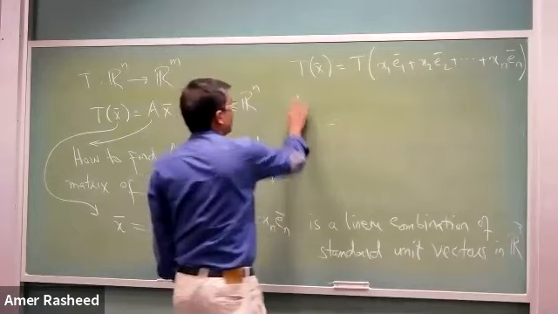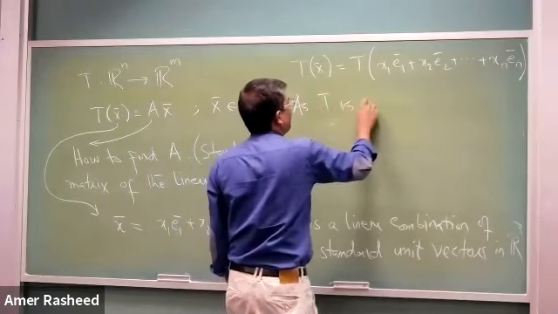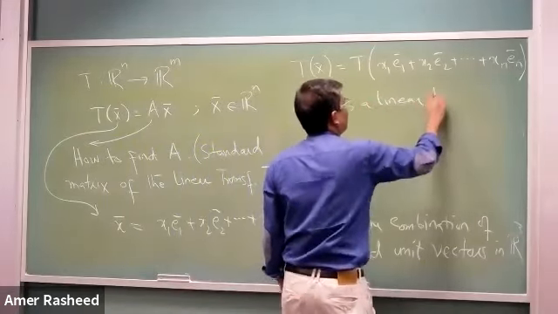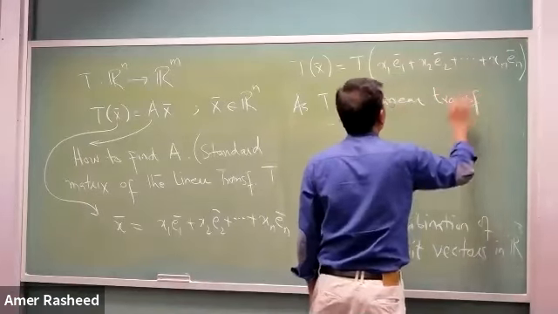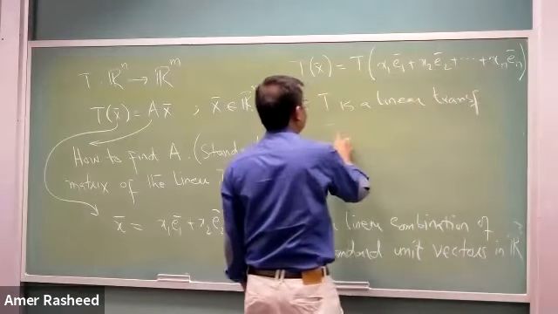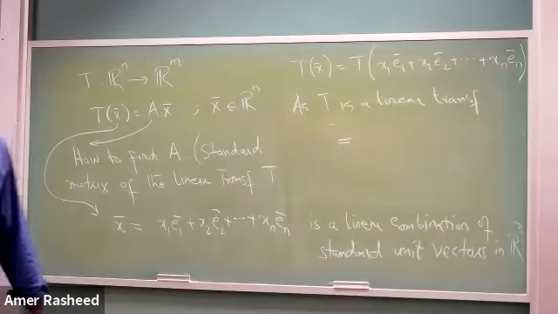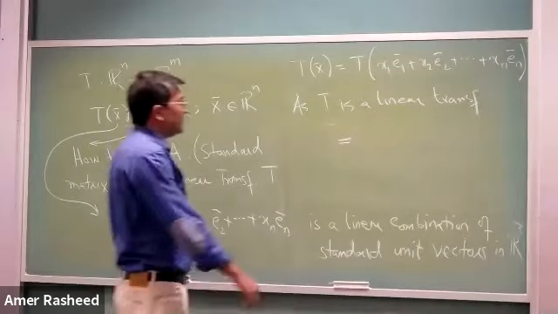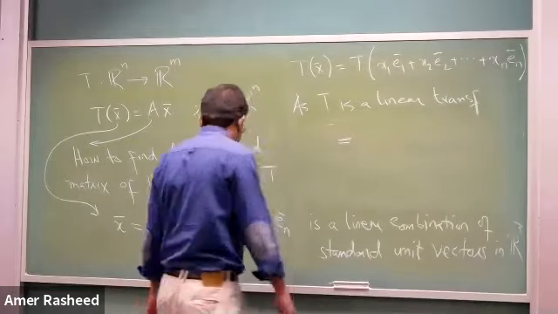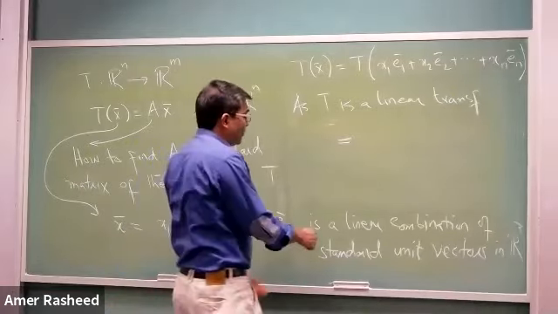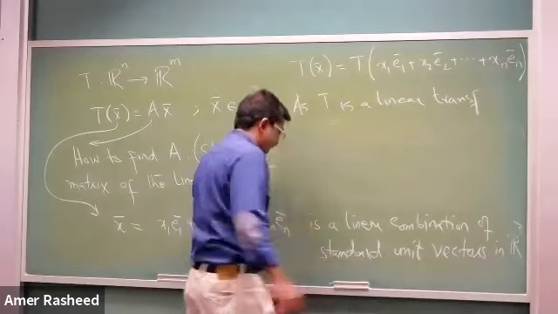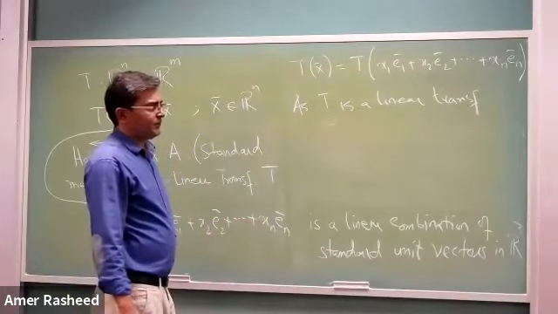Now, as T is a linear transformation, how can we write this? If this is a linear transformation, can we expand this T? Anyone? Do you know the property of linear transformation we discussed last time? There was a property which I told you, the principle of superposition.